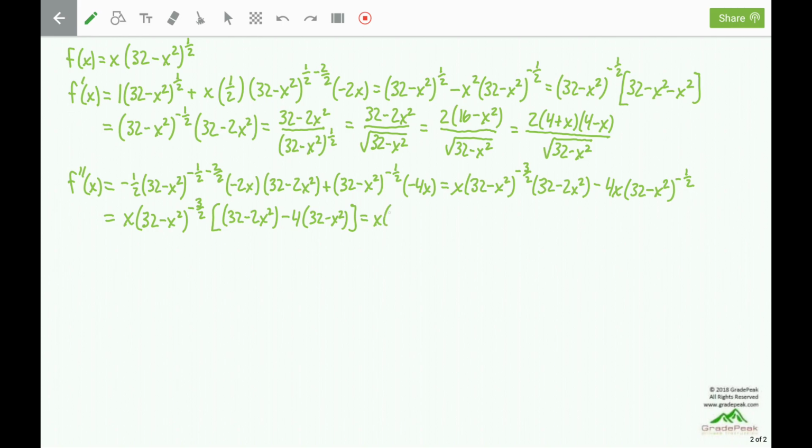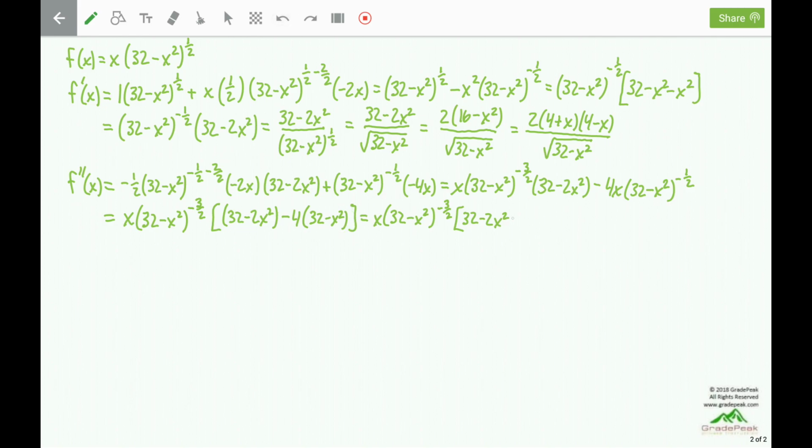So we have an x, we have a 32 minus x squared to the negative 3/2 power. Inside the square brackets for the first parenthesis, we can remove the parentheses by distributing an implied positive 1 in, which does not change the terms at all, 32 minus 2x squared. And for the second parentheses set, we can distribute a negative 4 in.